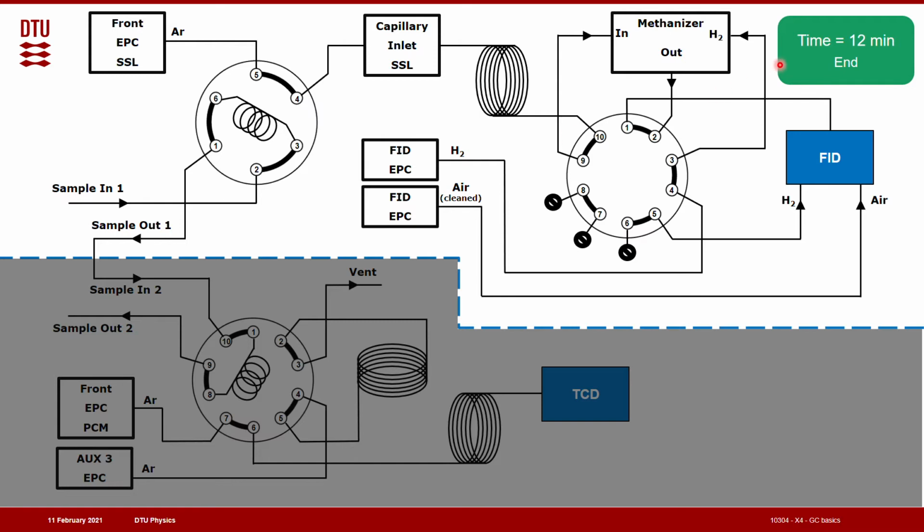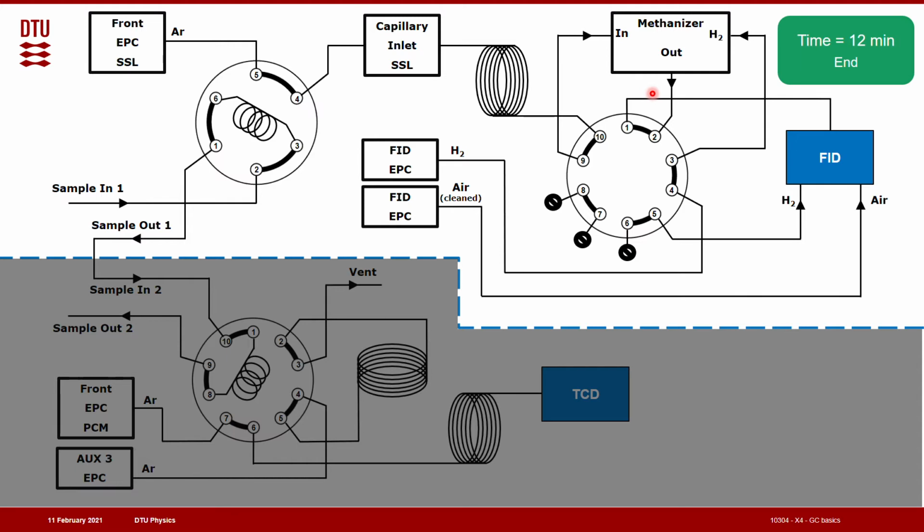Now, the reason we're going for 12 minutes, I can tell that the main peaks we're interested in are actually being detected after something like 5 minutes, 6 minutes. The reason we don't stop it there is because if, let's say, we have a C3 product in the column, and we stop the method after 6 minutes, and that would show up after an additional 2 minutes, and we took a new injection, starting the time over again, then it would show up as what you could call ghost peaks in the next chromatograph.